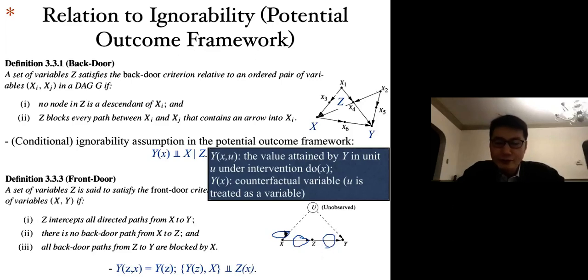And U is also part of the mechanism to generate X. They can be dependent. But as long as they are independent from the generating process from X to Z, we say this condition holds true. So essentially, this is another way to put the front door criterion. So now you can see the graphical criteria and the potential outcome criteria are closely related. In most cases, they are equivalent. Sometimes they could have some subtle difference.